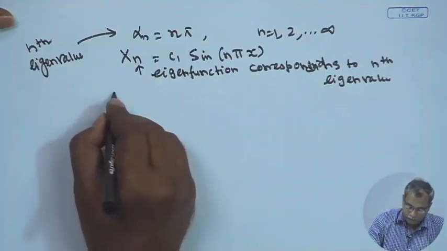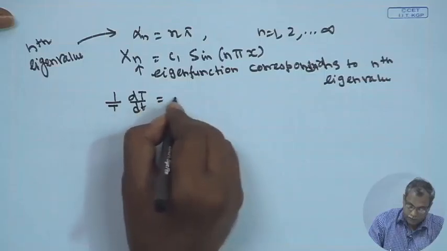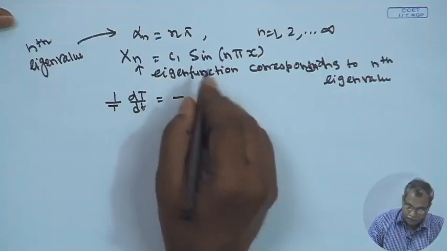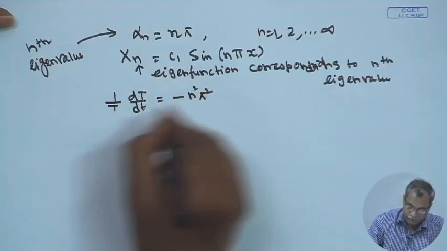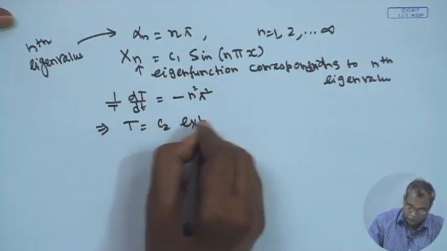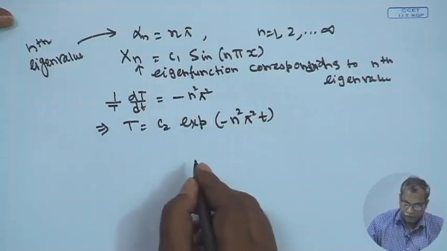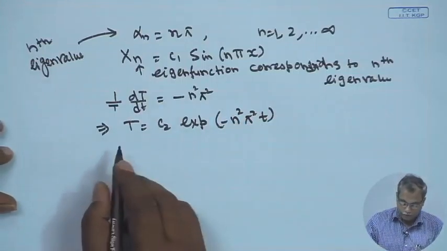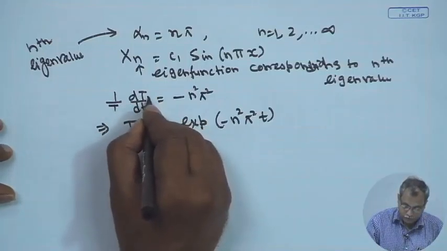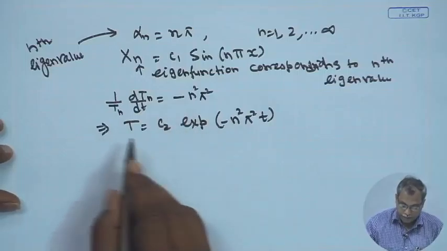Now let us look into the time varying part. 1 over T dT dt is equal to minus lambda n, that is minus alpha n square, so it is n square pi square. So, T will be c2 exponential minus n square pi square t. Now, we can get a complete solution. This T should have a subscript n, because it corresponds to the nth eigenvalue.